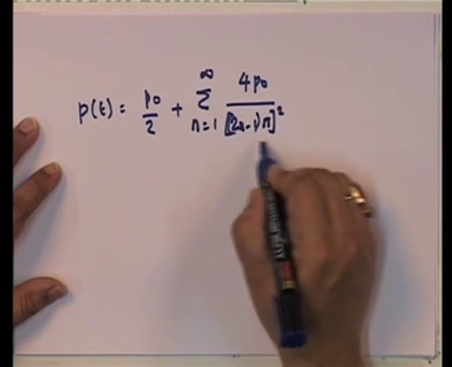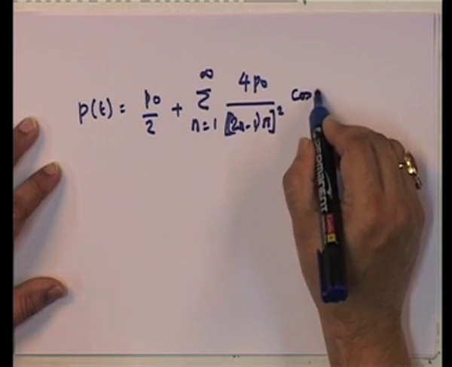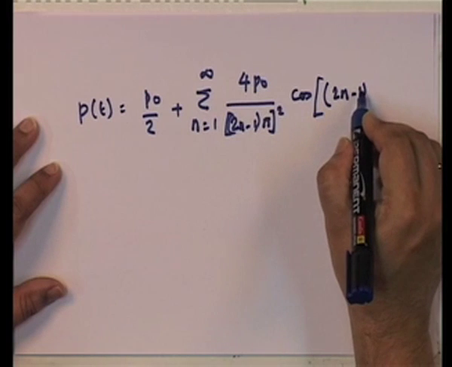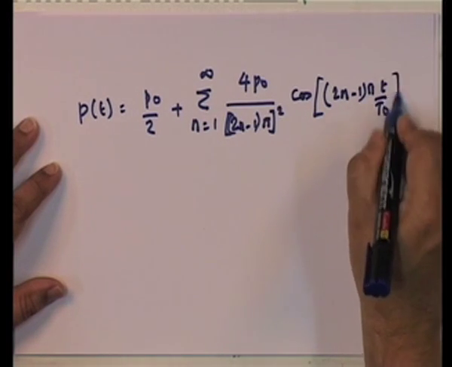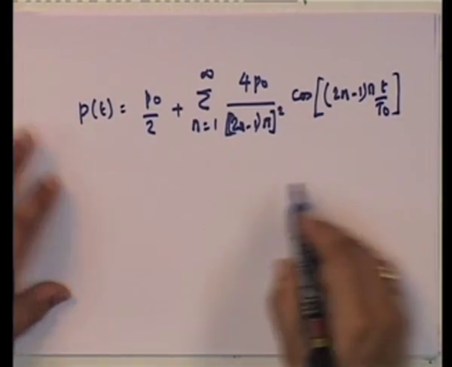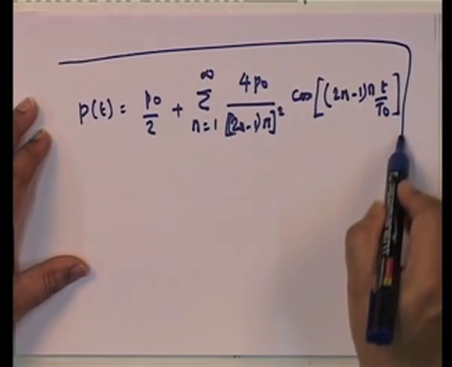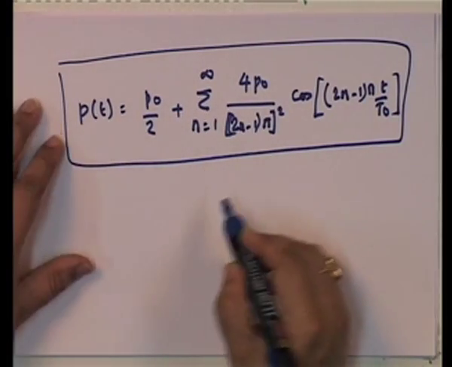So, this way I will only get the odd values, because the even values are 0, and so this one also becomes 2n minus 1 pi t upon t naught. And of course, the other sine term does not come in. So, this is the representation of the sawtooth load.